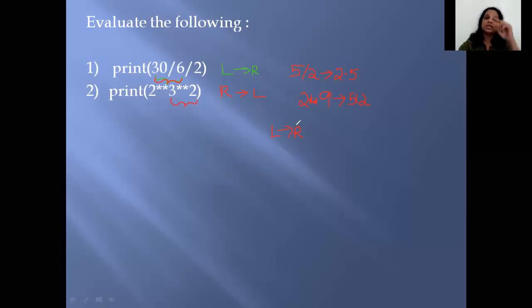And 8 raised to 2 would have given me 64, which is not the correct way. That is what I meant by left to right associativity and right to left associativity. Only the exponent operator is right to left. All the other operators are left to right associativity. Clear? Okay, let's go to the next question.